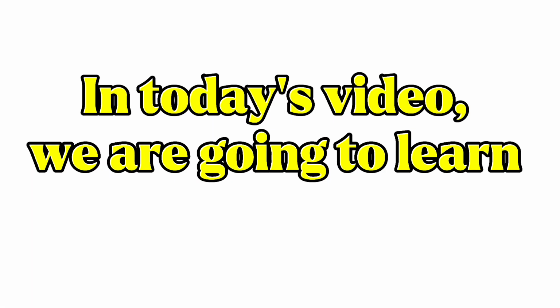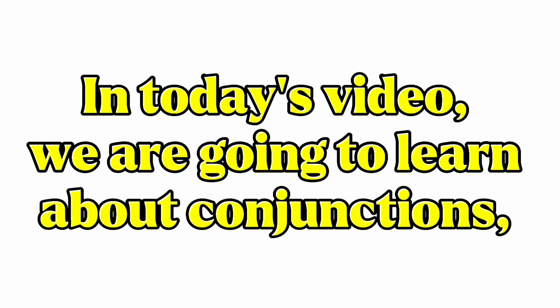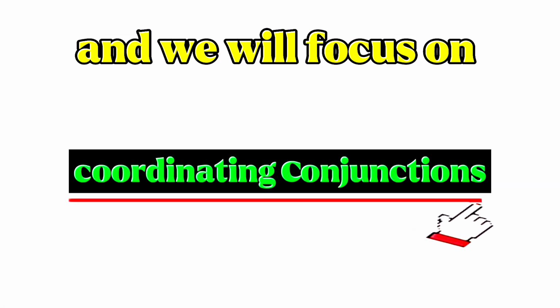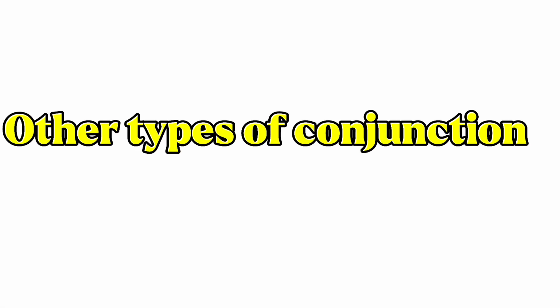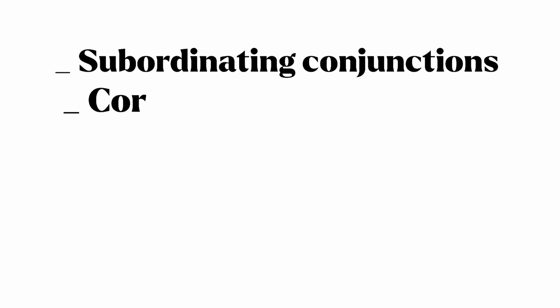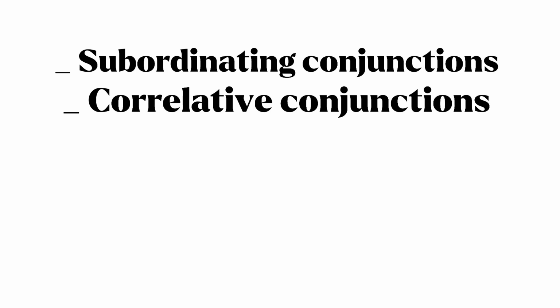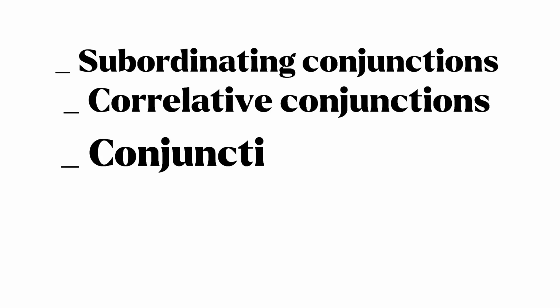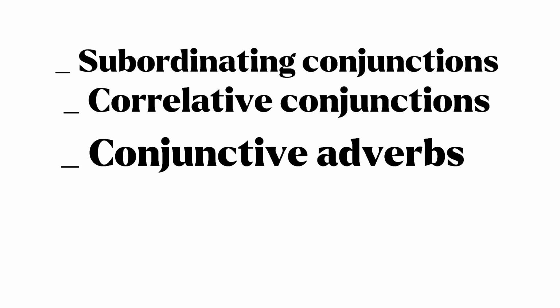In today's video, we are going to learn about conjunctions and we will focus on coordinating conjunctions. Other types of conjunctions like subordinating conjunctions, correlative conjunctions, plus conjunctive adverbs will be learned in the following videos, as it may be time consuming somehow when they are combined in the one video.